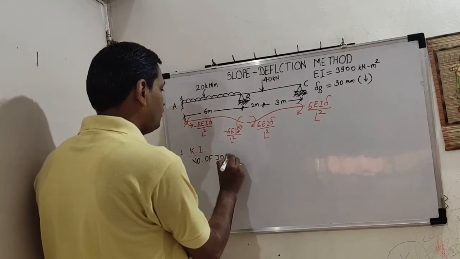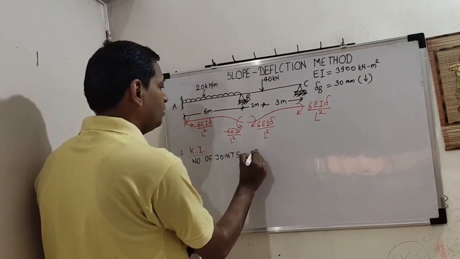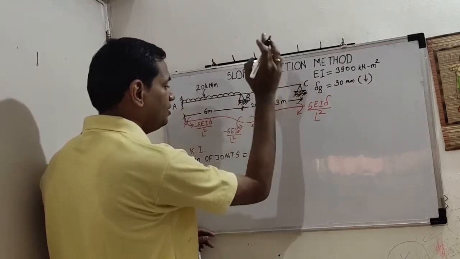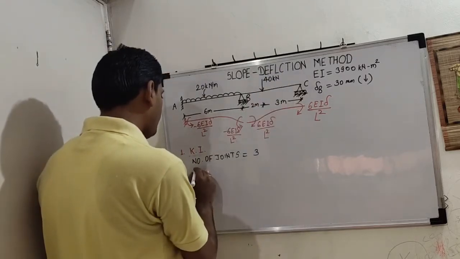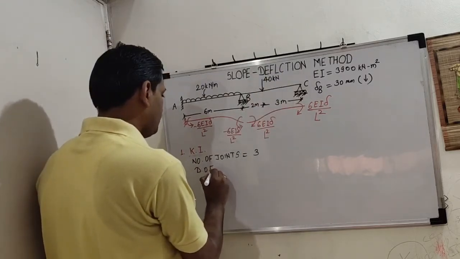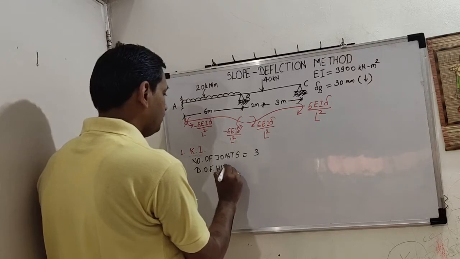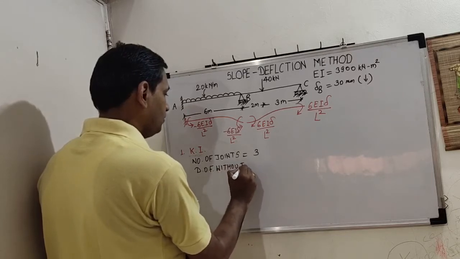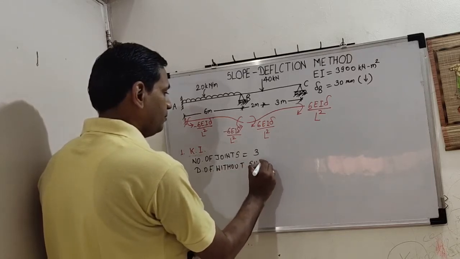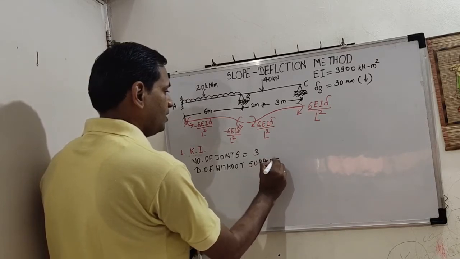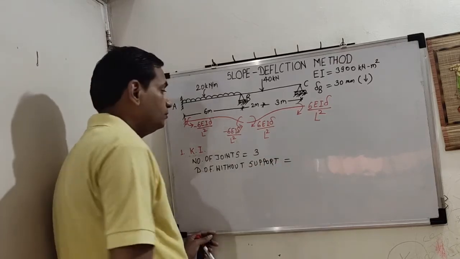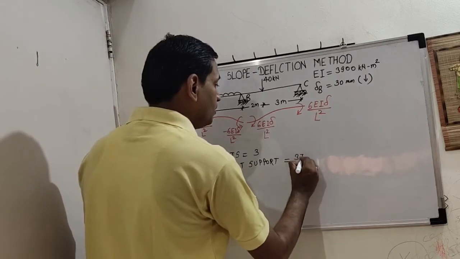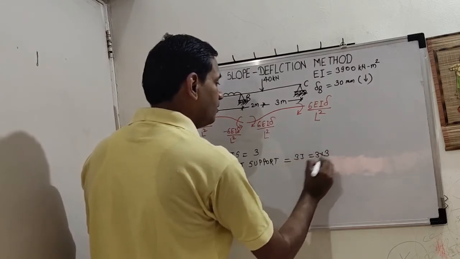So how many number of joints are there? 3, A, B and C. Then degree of freedom without support is 3 per joint, so 3J, 3 into 3 is 9.